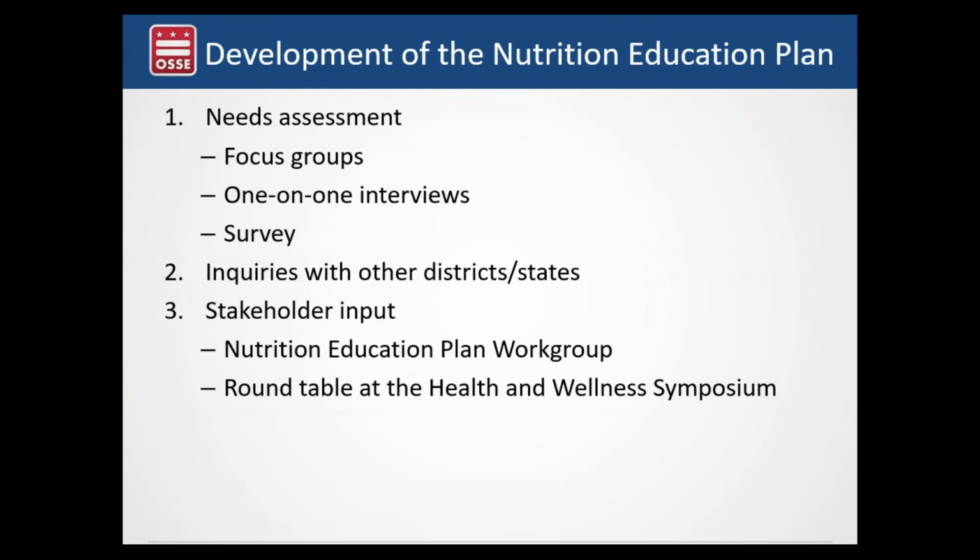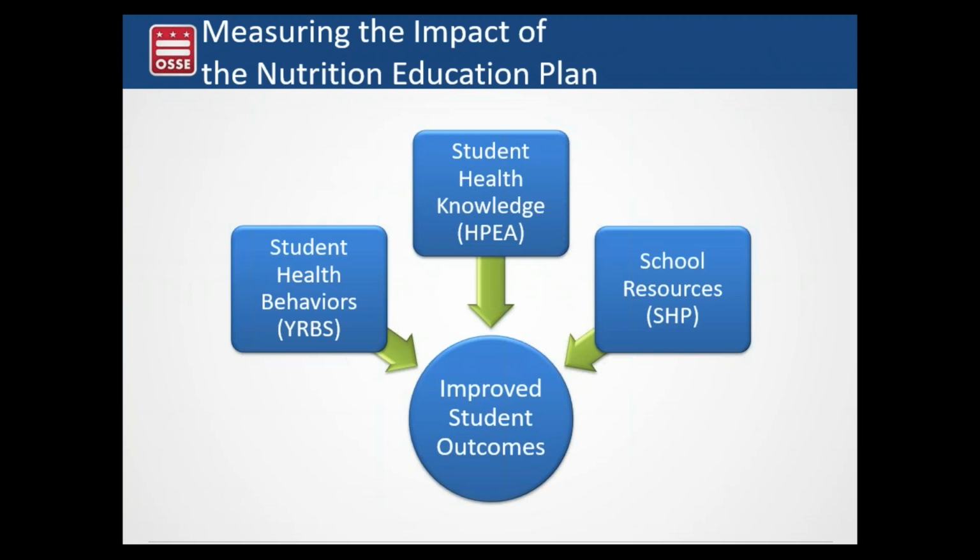Once the plan was at a good point and it had all the information that we felt was going to be in there, we presented it at a roundtable at the Health and Wellness Symposium last year in 2017. And then there we were able to get some more targeted feedback from educators about what they felt was going to be effective and what they felt could be improved in the plan.